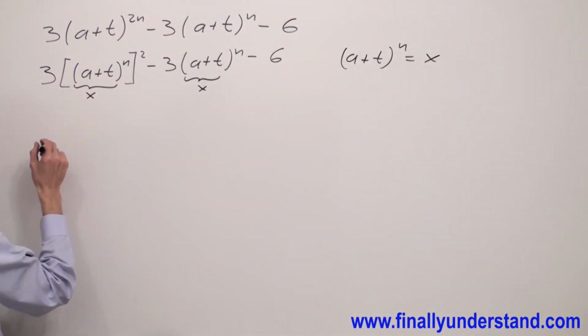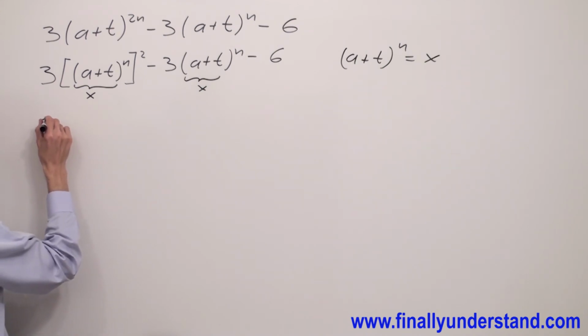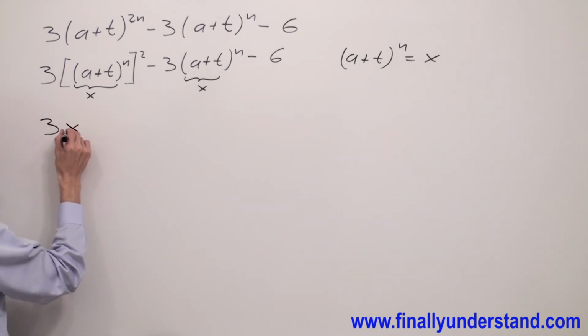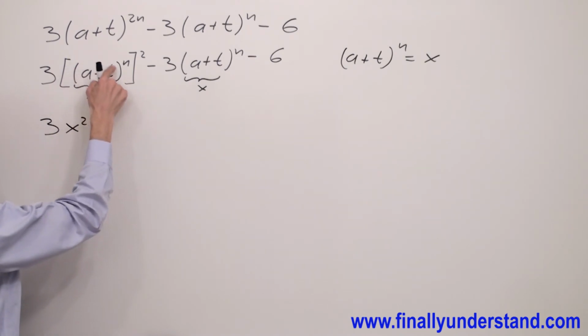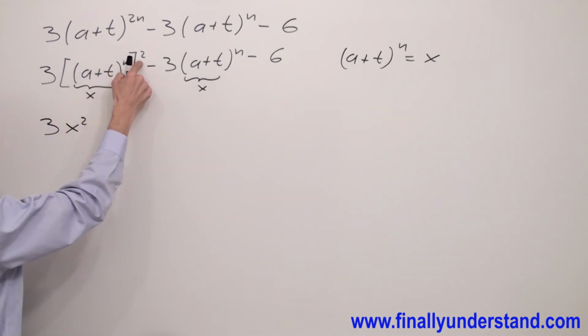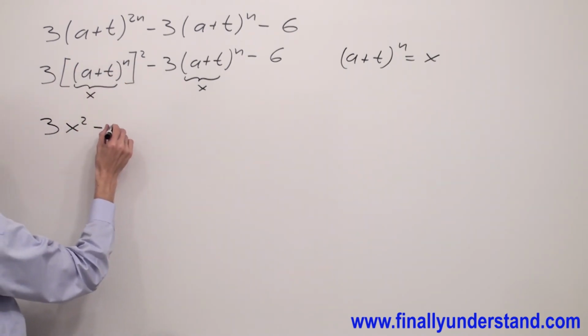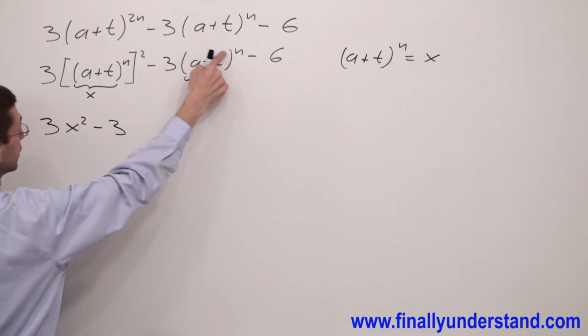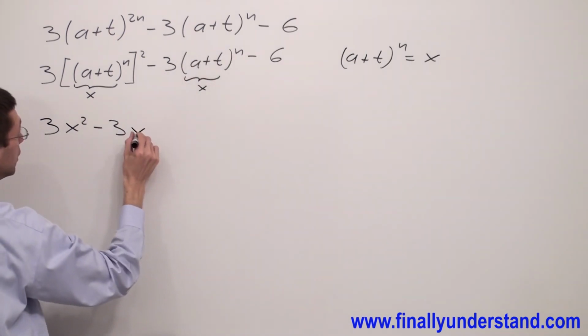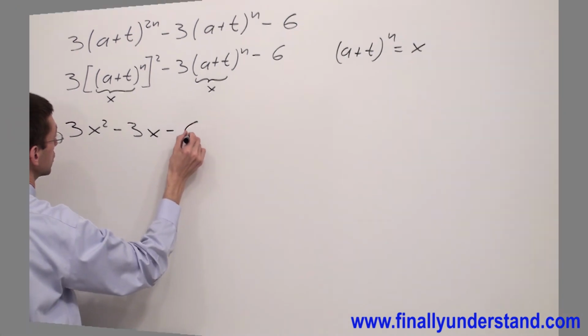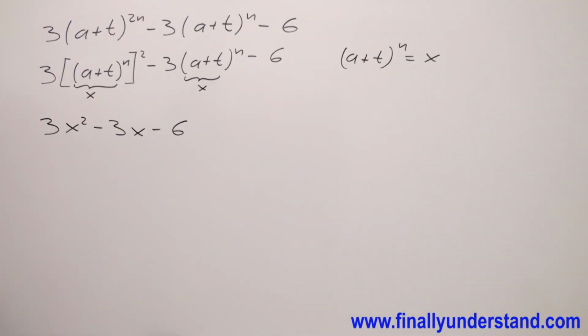So I'm going to rewrite this problem and I'm going to write 3x squared, because this is my x raised to the second power, minus 3x, minus 6. As we can see, we have got the regular quadratic trinomial.